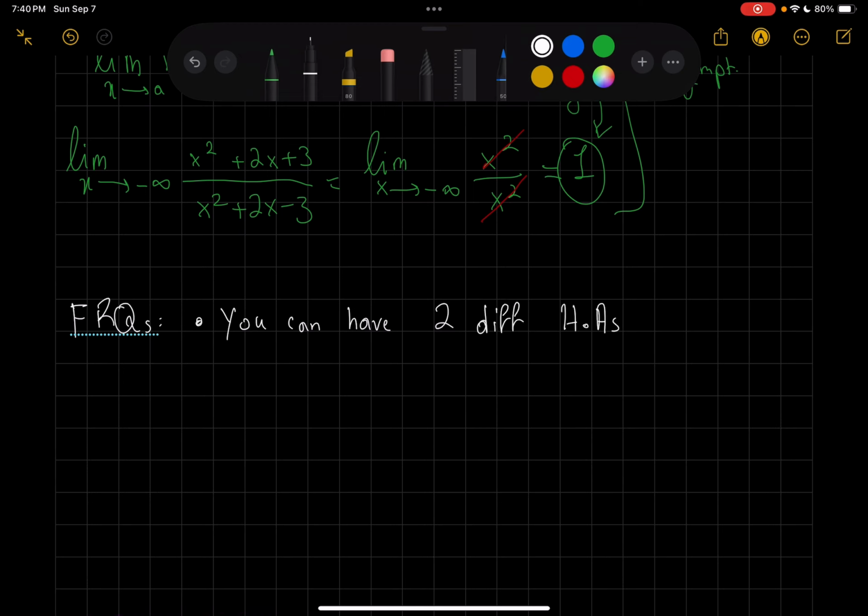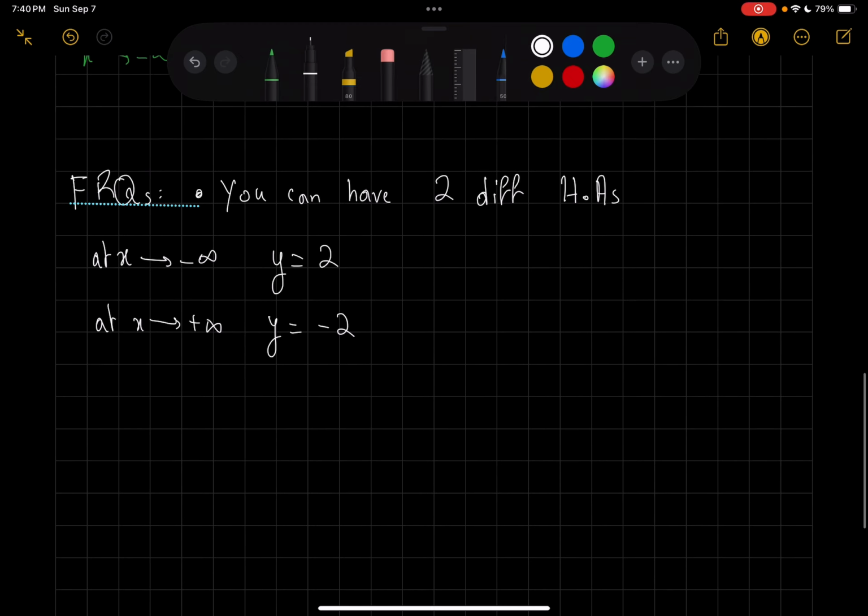For example, at negative infinity you could have a horizontal asymptote of y is equal to 2, and at positive infinity you're going to have a horizontal asymptote of y is equal to negative 2. This is something that you might see later on, and we can give more videos about that with more examples. You could also have two different vertical asymptotes.